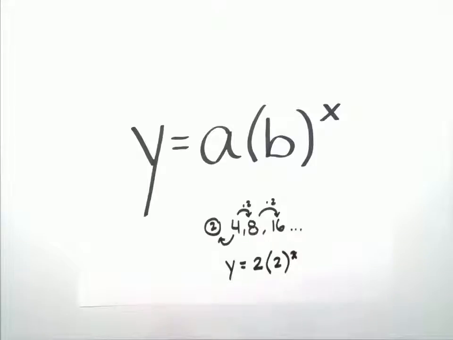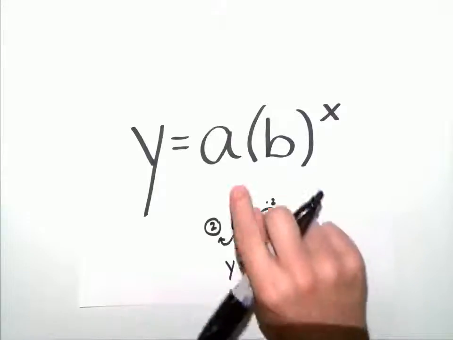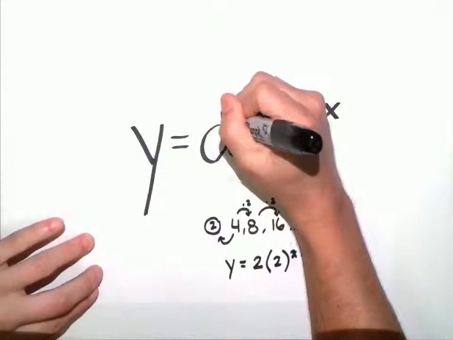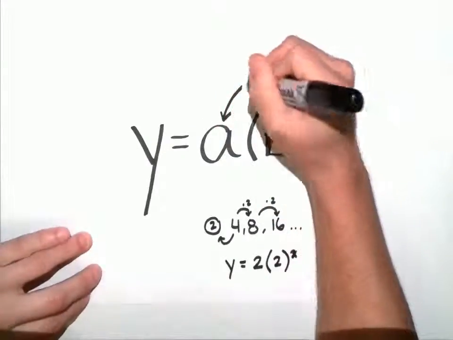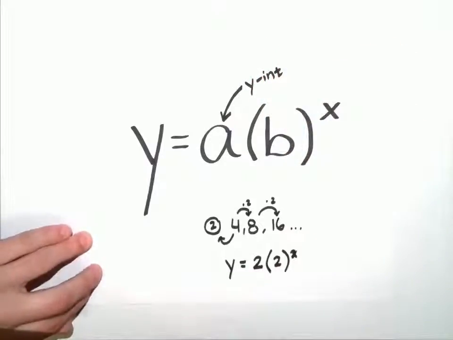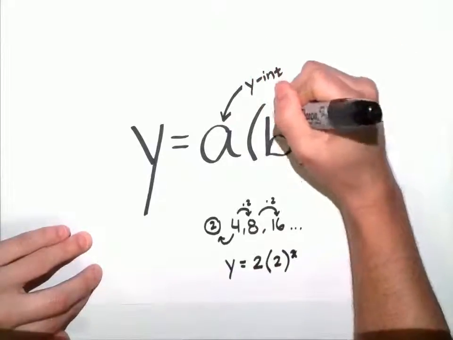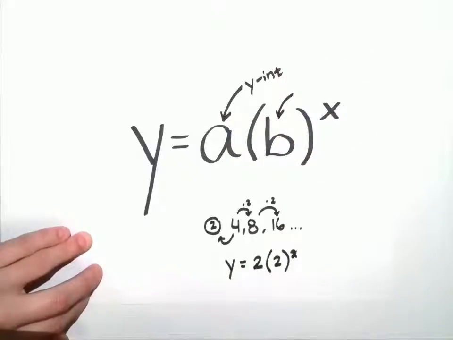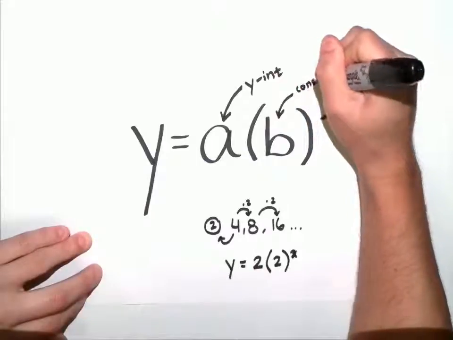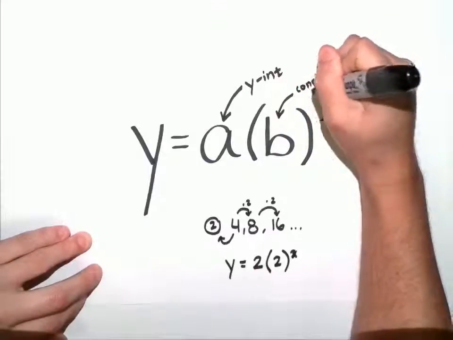And really what I want us to think about is what this a and what this b stands for. So this a, which is our zero term, stands for our y-intercept. And this b is the number that we're multiplying by. It's our constant ratio.